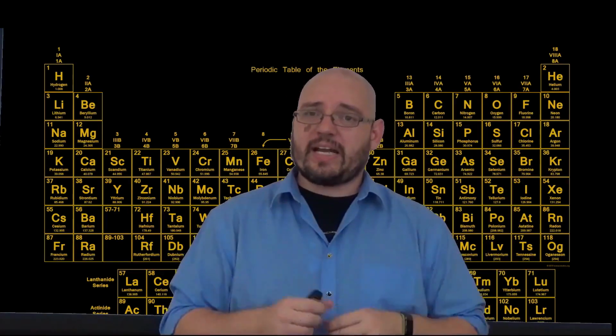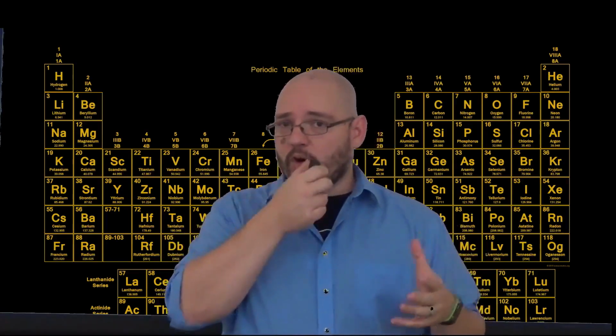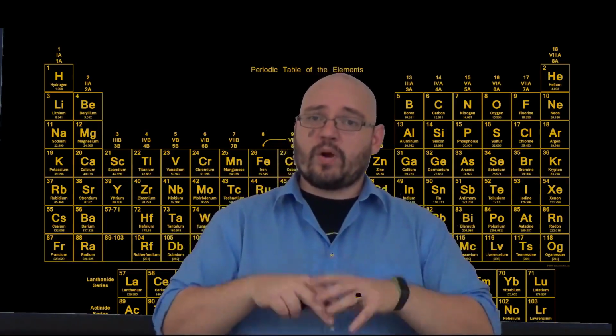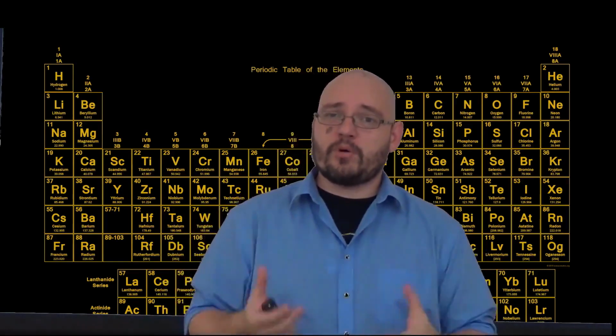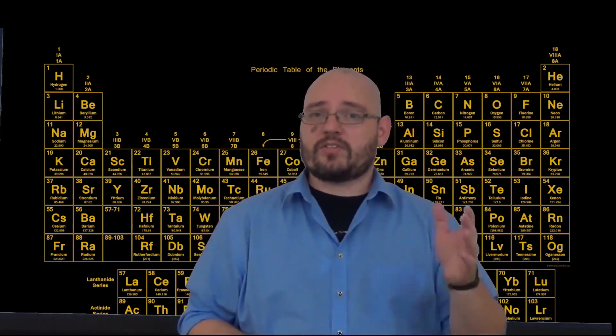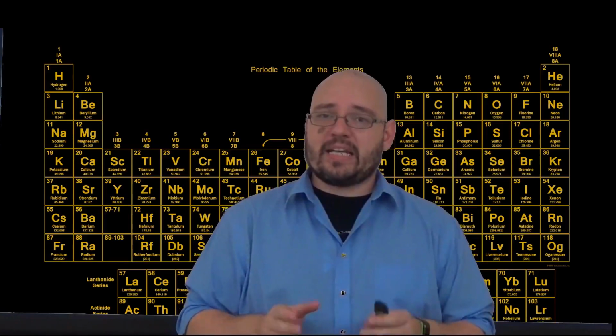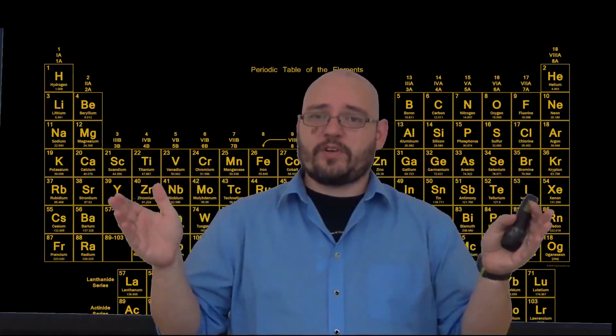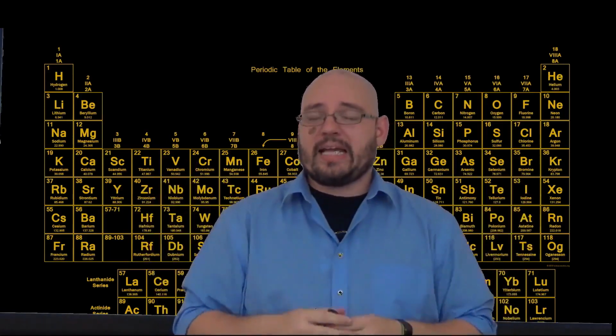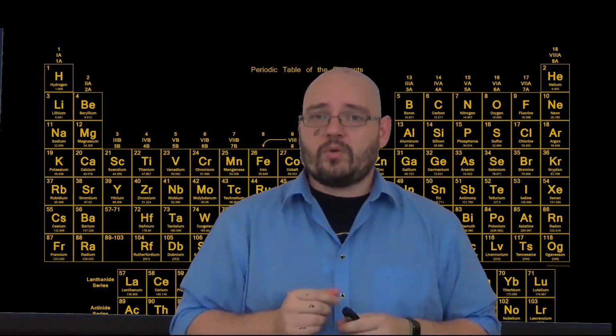We talked about how all of these electrons are important and where they're located, but the ones that matter the most to us are those valence electrons. That's what we're going to talk about in the next video: how to do this electron configuration in a slightly shorter way, and what we do with those valence electrons.